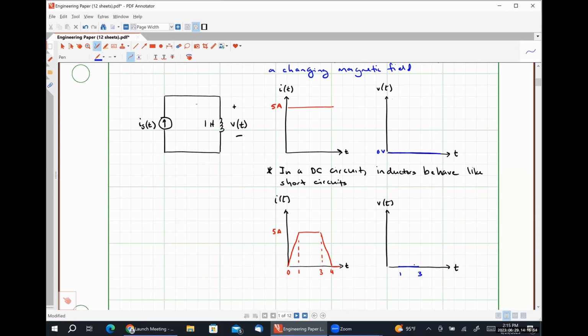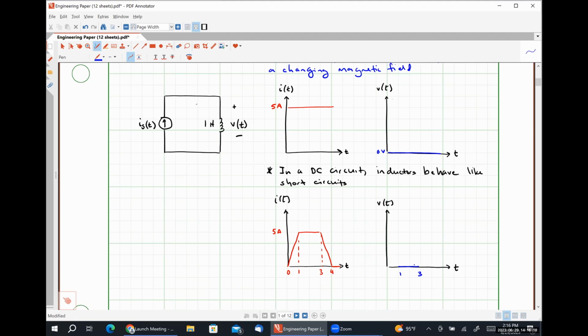Would it be equal to the slope? Right, so the slope times L, which in this case, L is just 1. So what's the slope? It'll be +5.